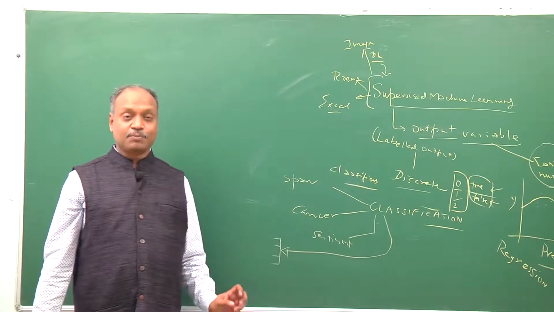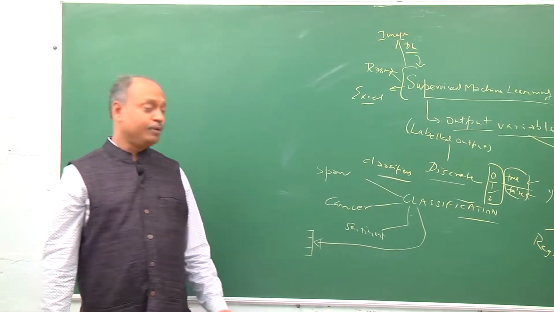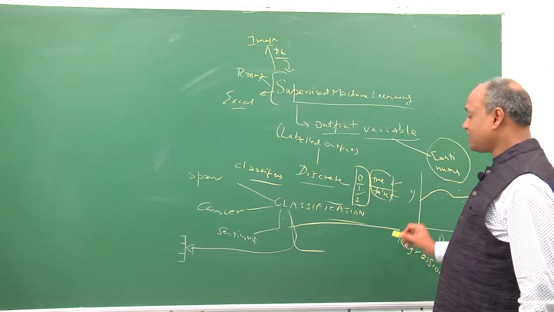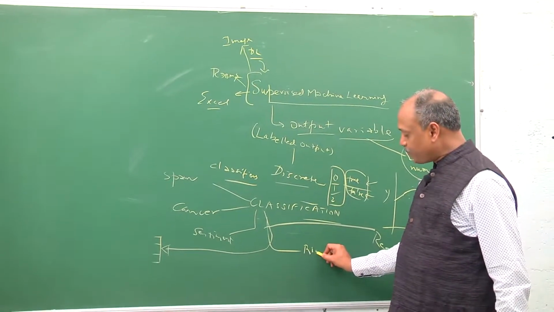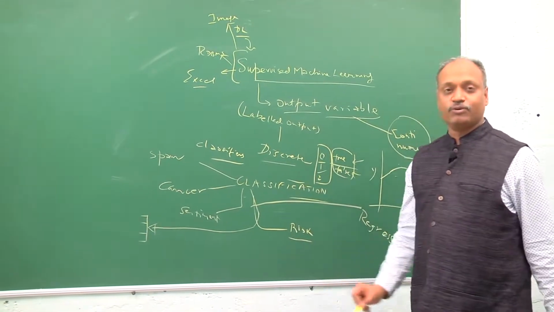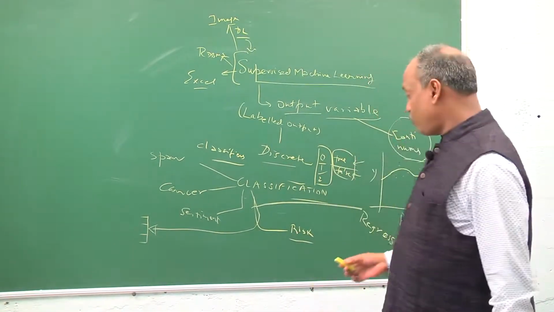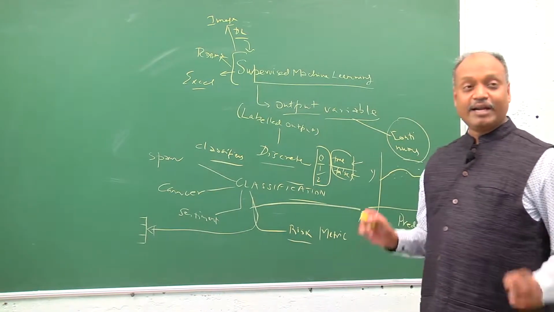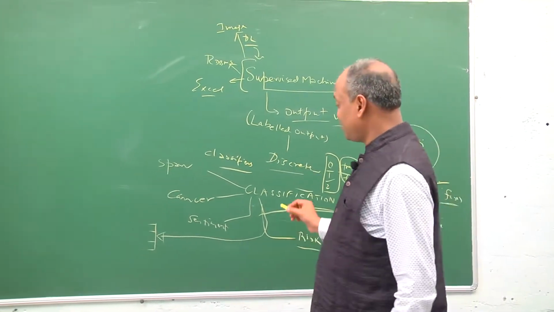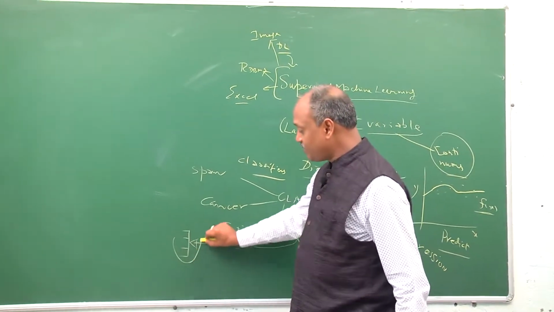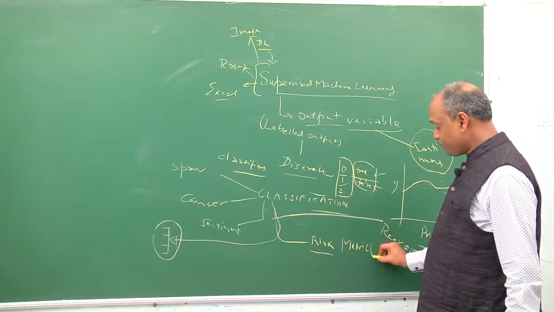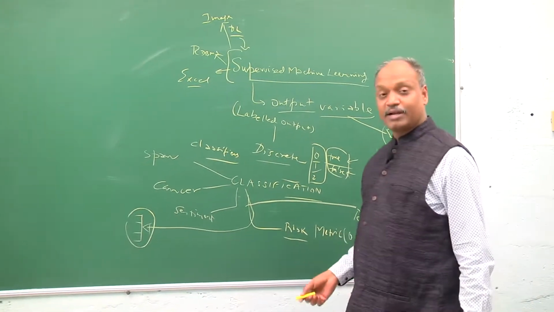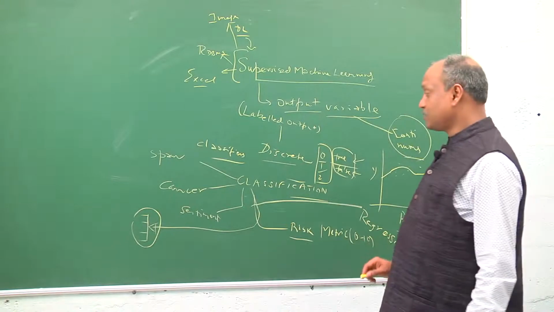But the controversy happens because the same thing probably could be treated as a regression problem, where you say I am going to predict a risk metric, which is a continuous value somewhere between 0 and 10. So the problem formulation is left to the data scientist or the domain expert to decide. For the same problem, do you want to treat it as a classification problem, or as a regression problem with a continuous risk metric which gives you a decimal between 0 and 10.